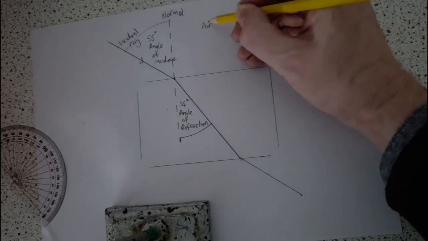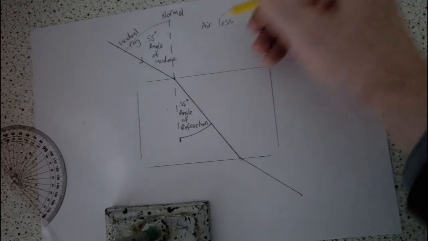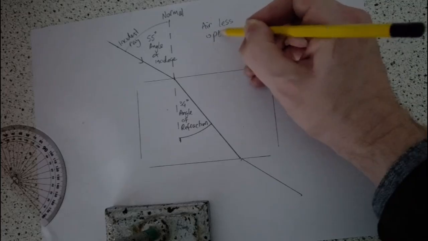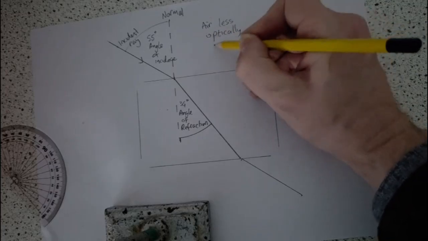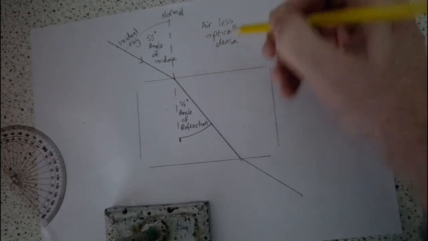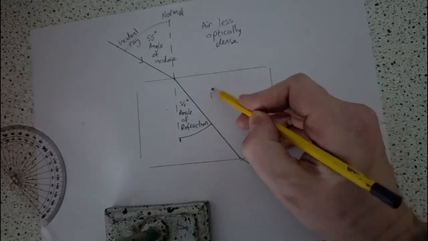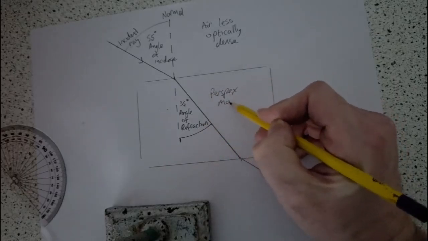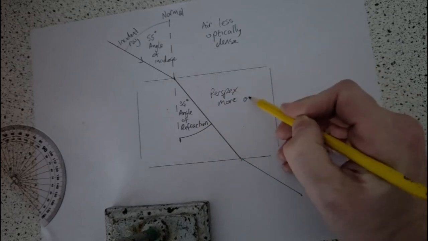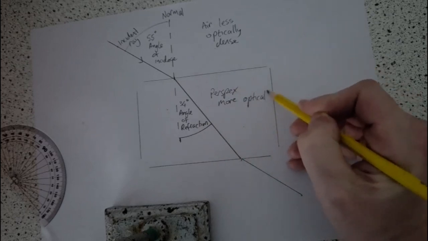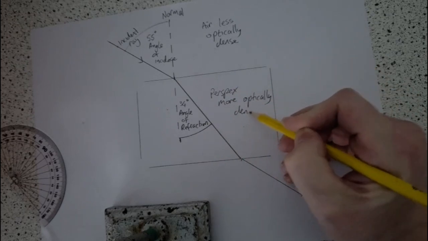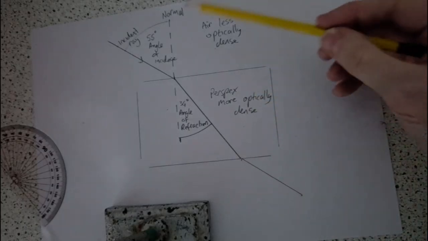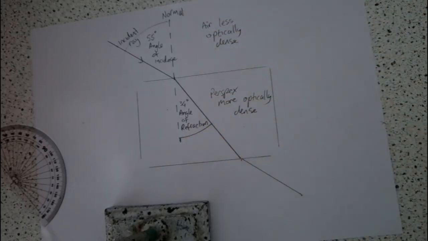So air is less optically dense, while perspex is more optically dense. So the light will bend towards the normal when it moves into a more optically dense medium.